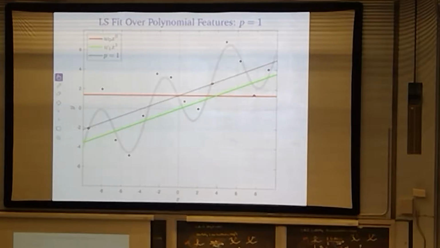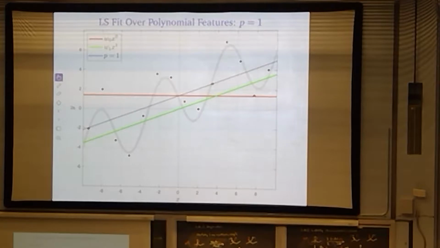I sample points from this space according to this function, add some noise to y, okay? Given these 10 points, if I go for polynomial feature regression of order 1, basically I want to fit a line through these 10 points. This dotted line is the best line I get for this 10 points.